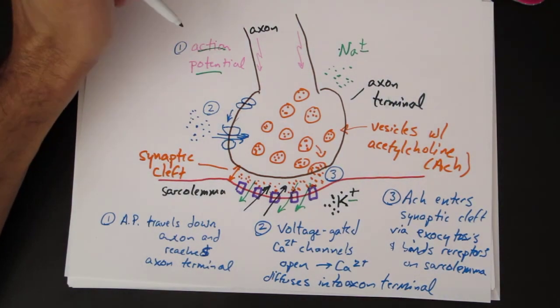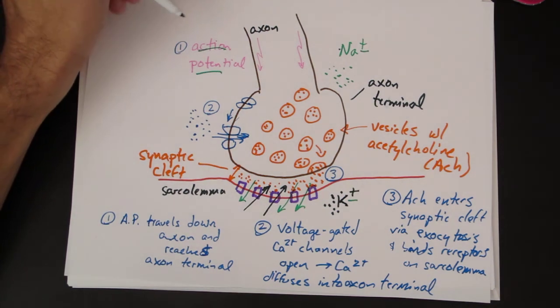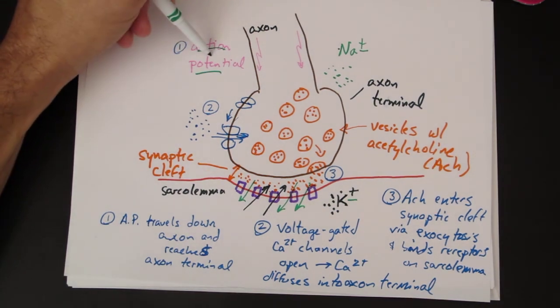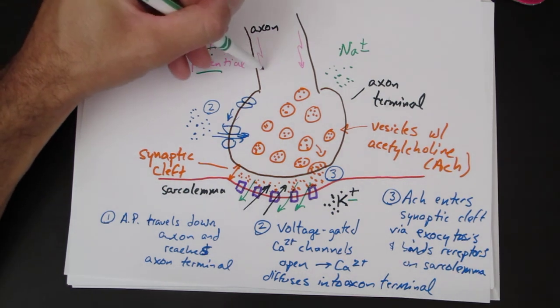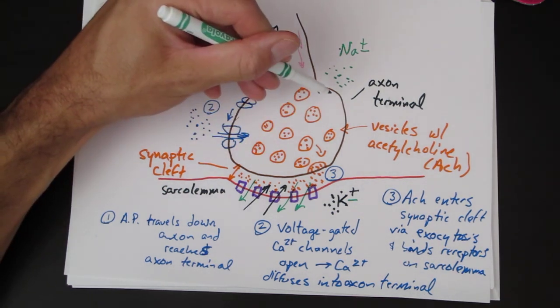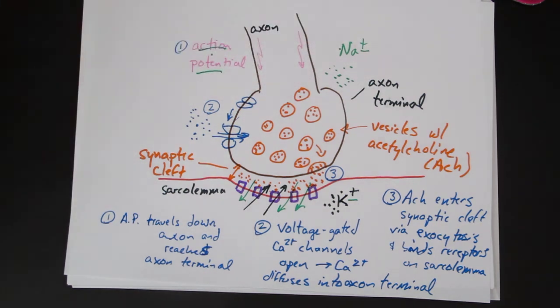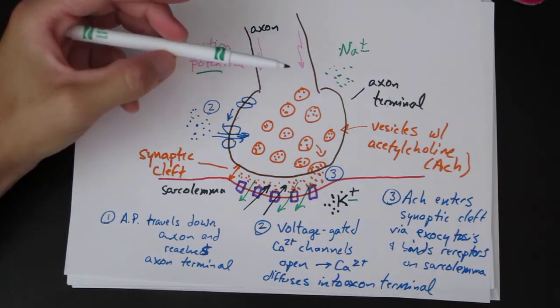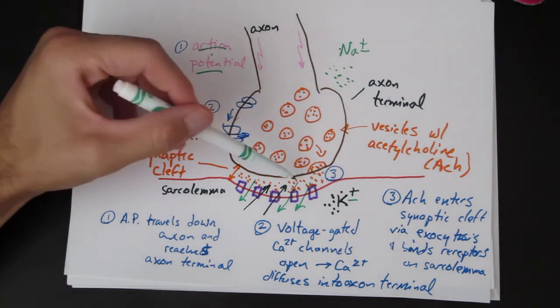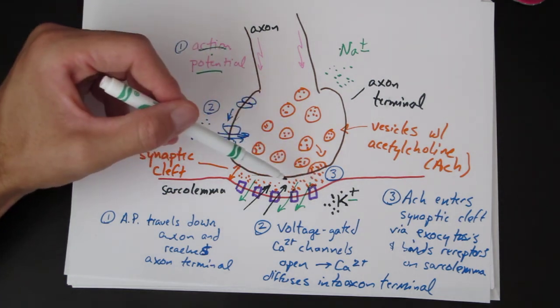So what we've done here is we had an electrical signal, the action potential, that traveled down the motor neuron, the axon of the motor neuron, until it reached the axon terminal. We converted the electrical signal into a chemical signal here at the synaptic cleft.